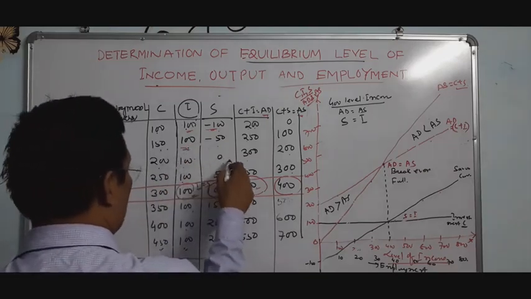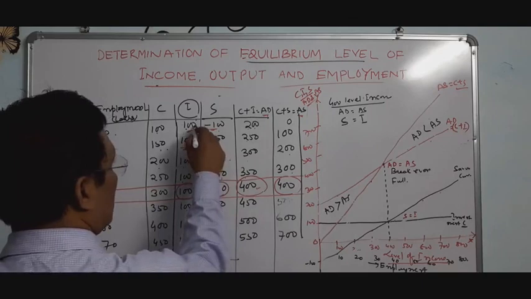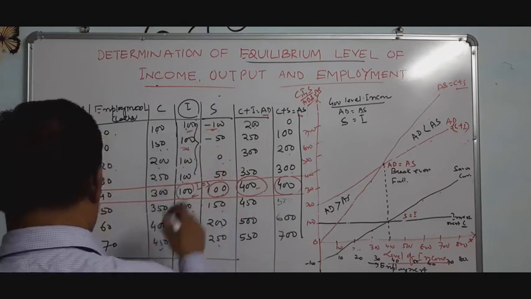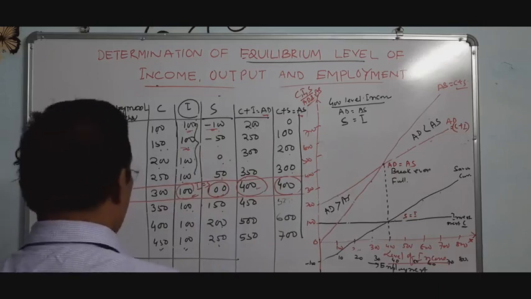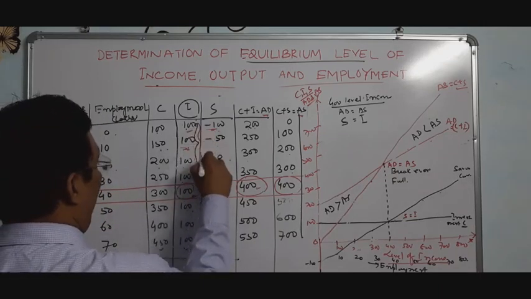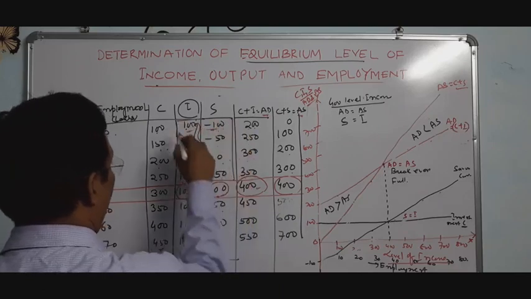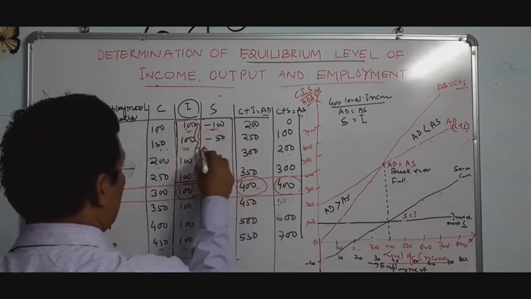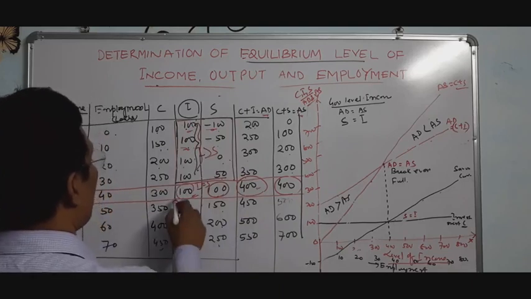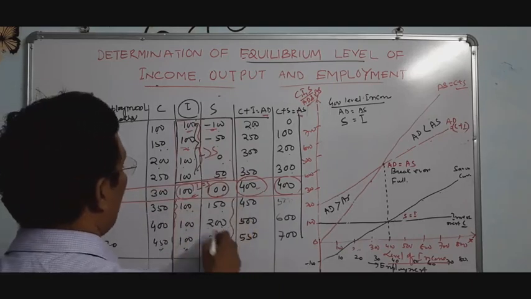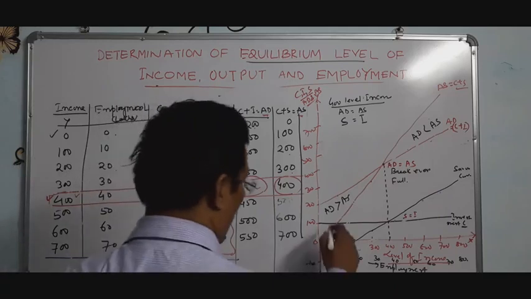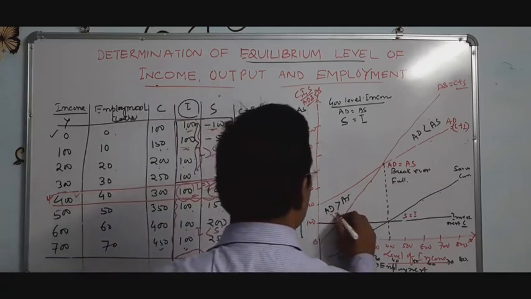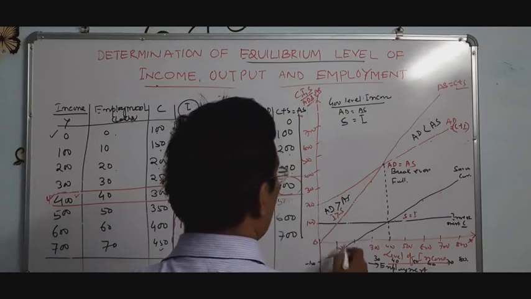I and S. Up to this, when we compare this one, I is greater than S, and when we compare this one, I is less than S. So when AD is greater than AS, I is greater than S, investment is more than that saving line.